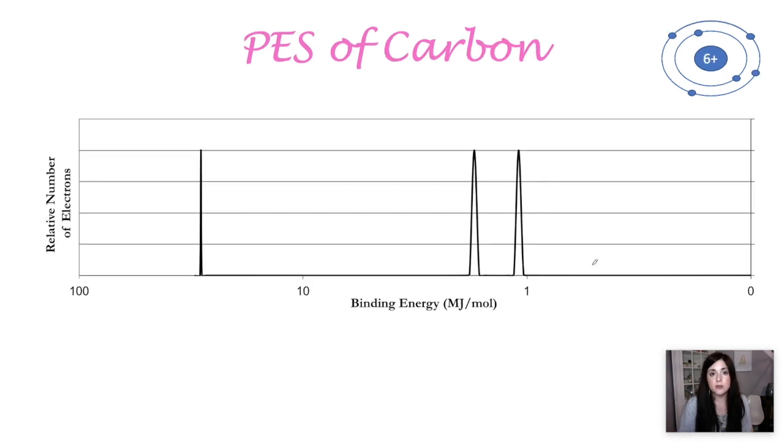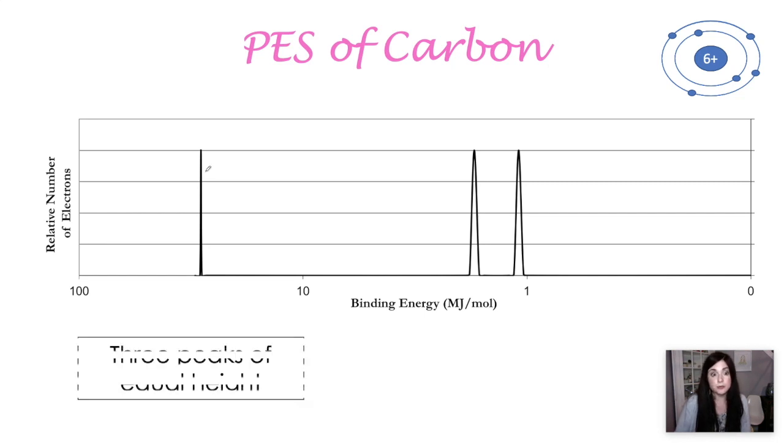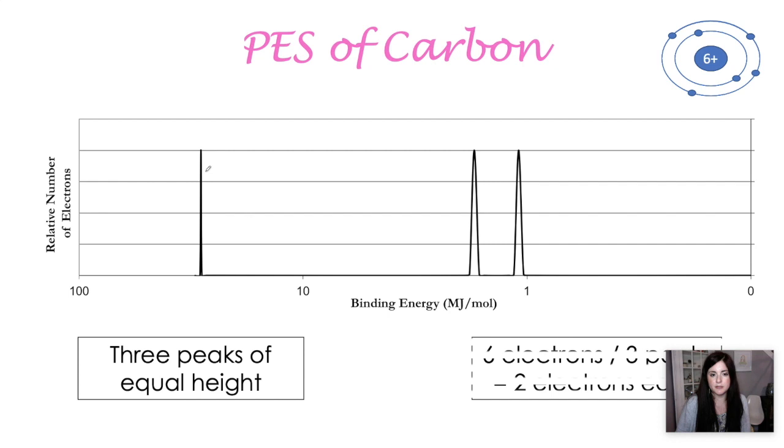Let's take a look at another one here. So this is for carbon. Carbon has 6 total electrons, and here's its structure up here. It's got 6 protons in the nucleus. Each of these peaks are of equal height, which means that they all have an equal number of electrons. So each of these corresponds to 2 total electrons, 3 peaks of equal height, 2 electrons each. Look at where these peaks are located as well.